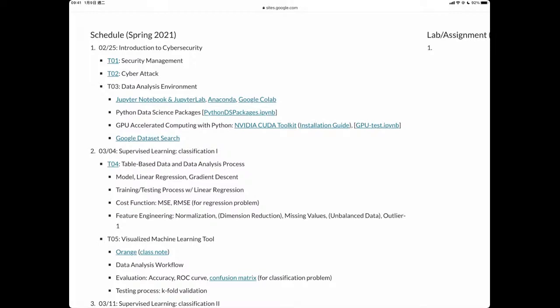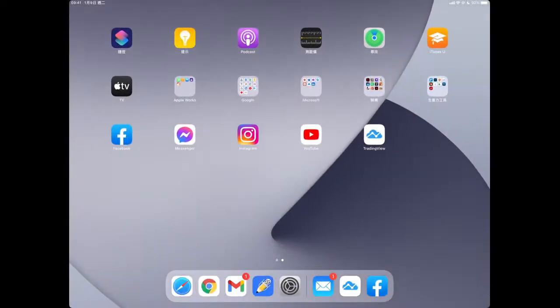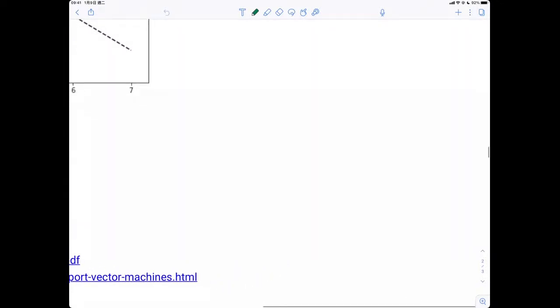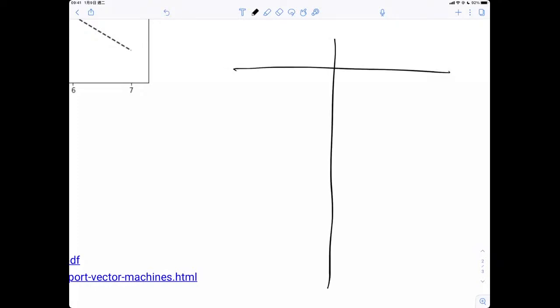For linear regression and logistic regression, we may have a comparison. Let's draw a table, which might be good. Linear, logistic. Usually we draw linear regression like this, right? We have a y, we have an x, several different x.